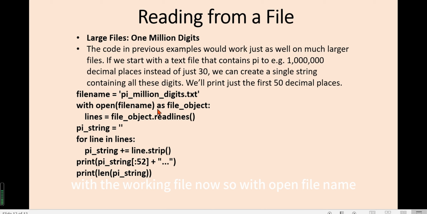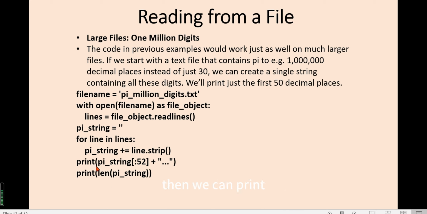So with open file name as file object, we create a list with each line, put in lines. Then we start with an empty string called pi string, then a for loop for each line in this list, get the value of the line with strip for both sides of the space, and append it to the pi string.